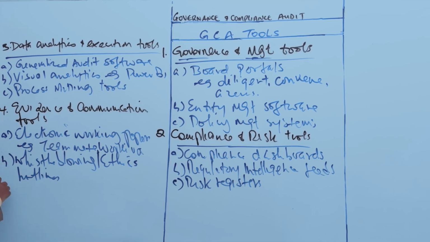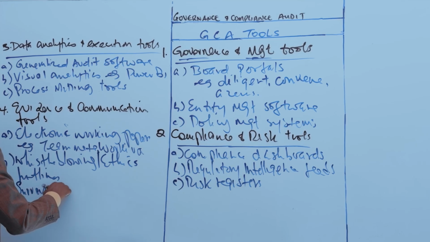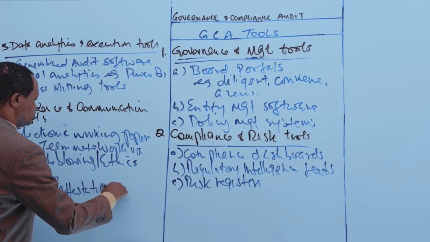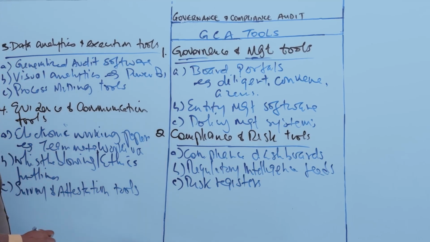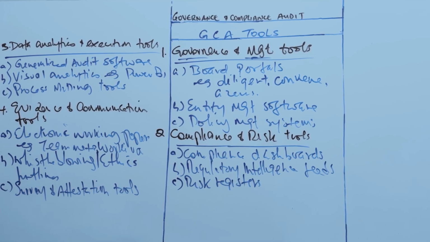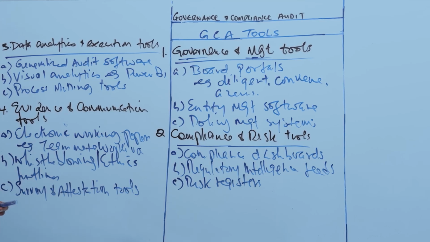Then lastly, the last type of evidence and communication tools is what we call survey and attestation tools. These are tools used to send out internal control questionnaires to hundreds of employees at once.